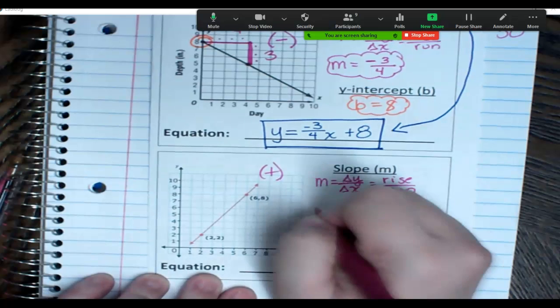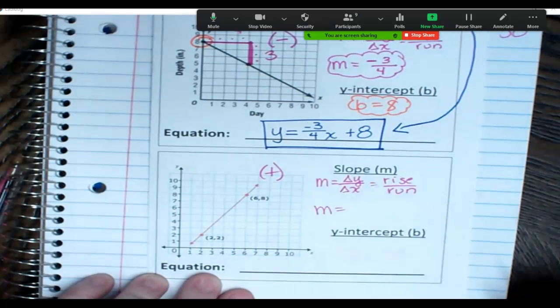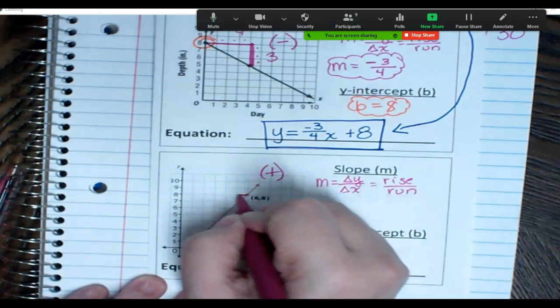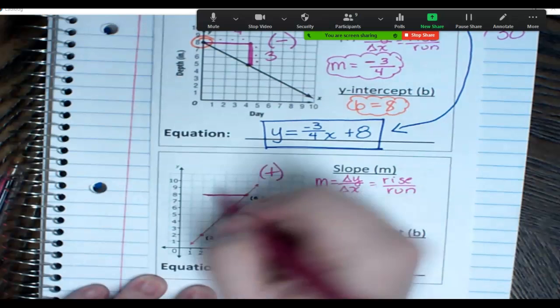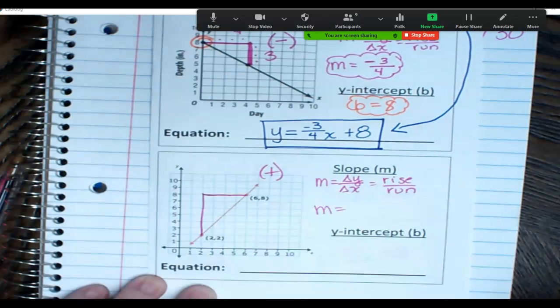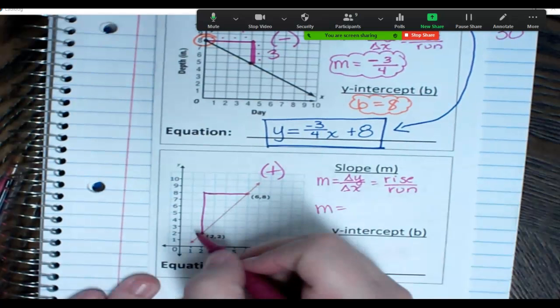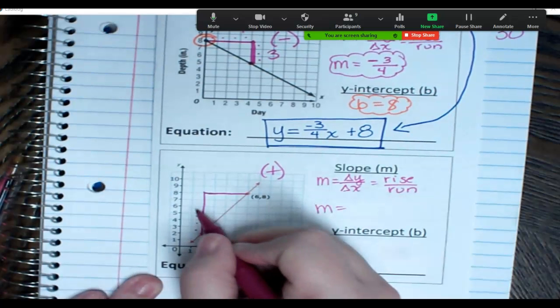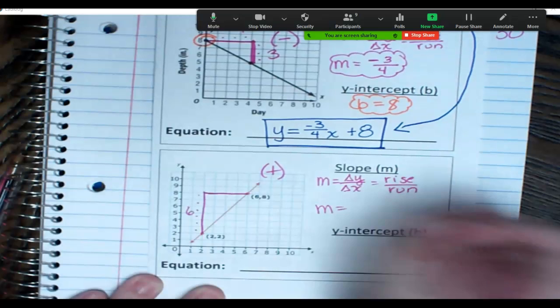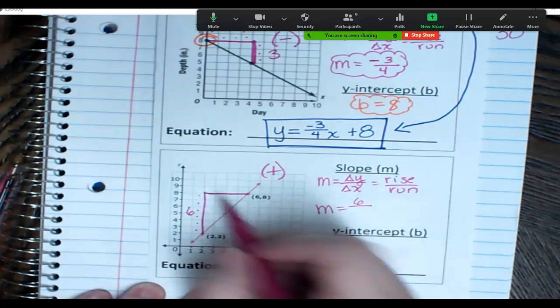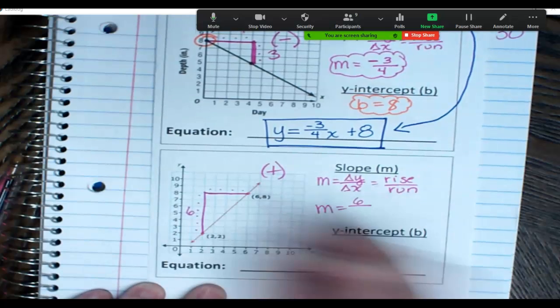All right, so m is equal to, I have to find my rise. Do I have two pretty points? Yes. All right, let's draw our triangle. All right, what's my rise? How far do I go up? 6. I like that. And how far do I go over, my run? 4.